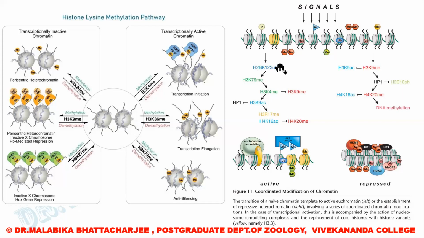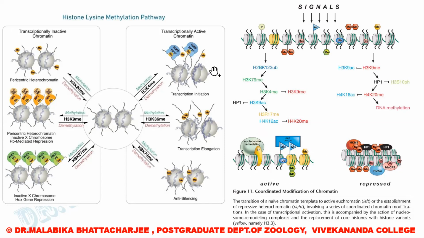And there is ubiquitination, so ubiquitin molecules have been added, which is followed by H3K79 methylation, followed by histone 3 lysine 4 methylation, followed by histone 3 lysine 9 acetylation, followed by histone 3 arginine 17 methylation, followed by histone 4 lysine 16 acetylation, and the output is an active chromatin molecule.